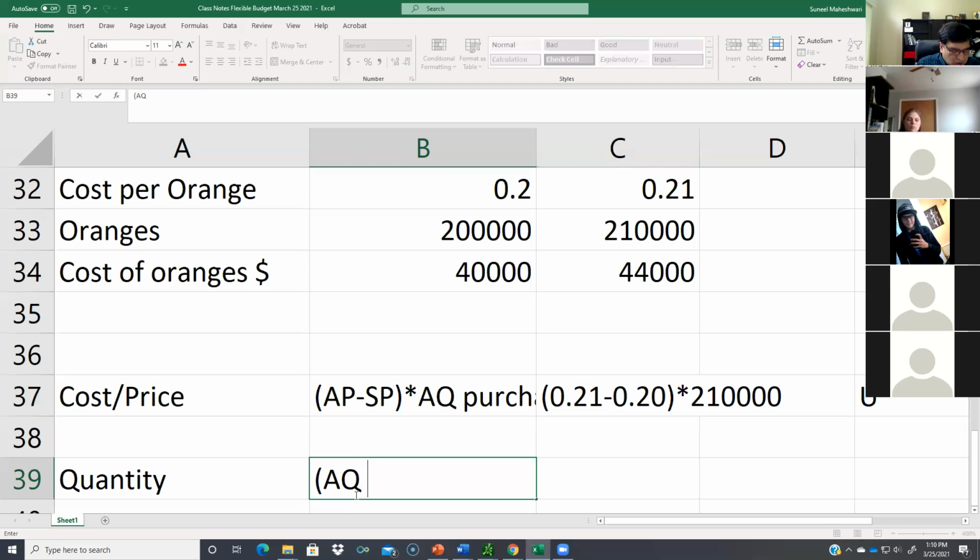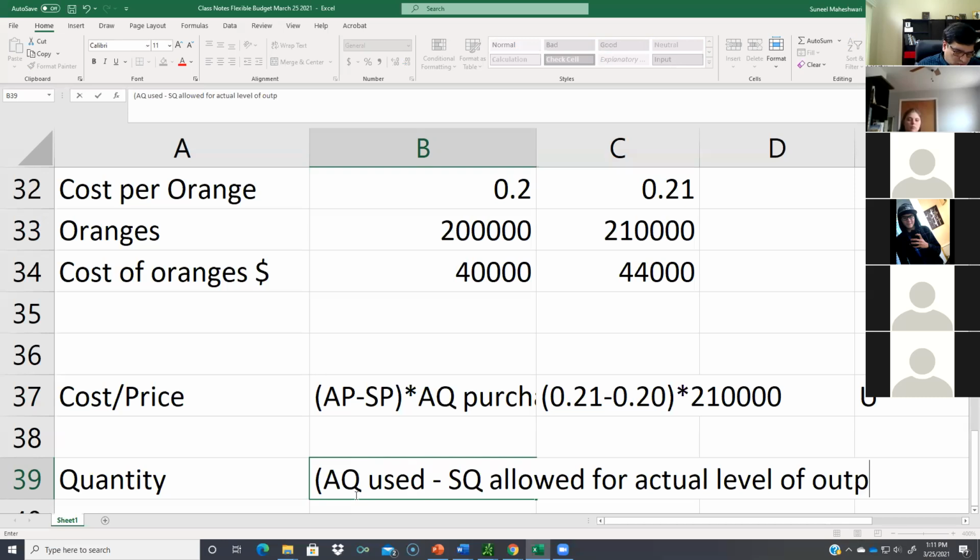Next one is actual quantity used minus standard quantity allowed for actual level of output.